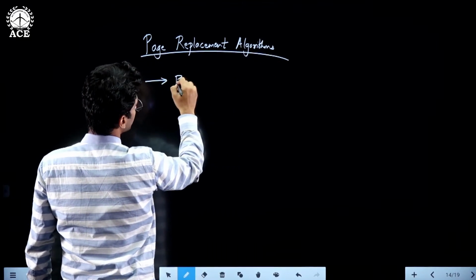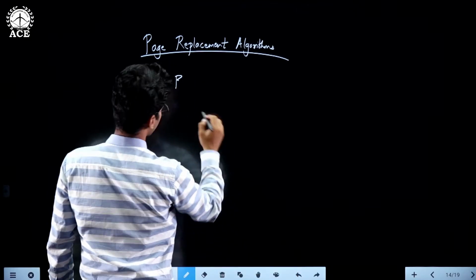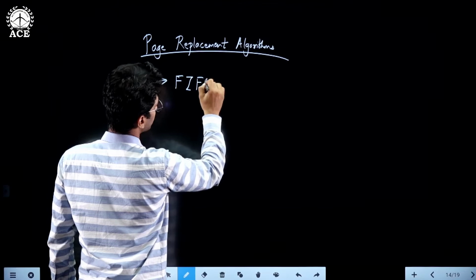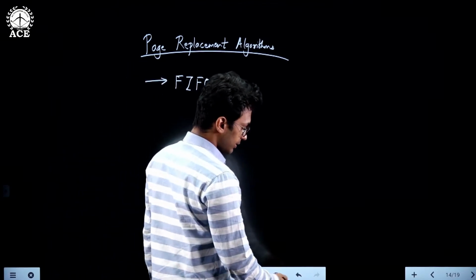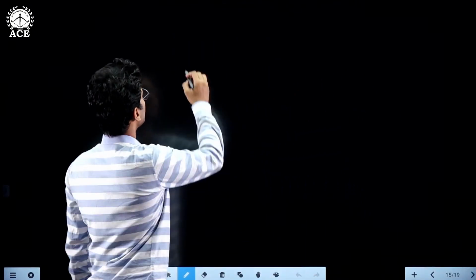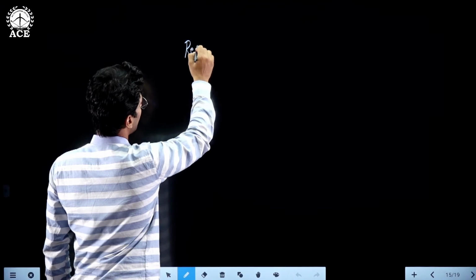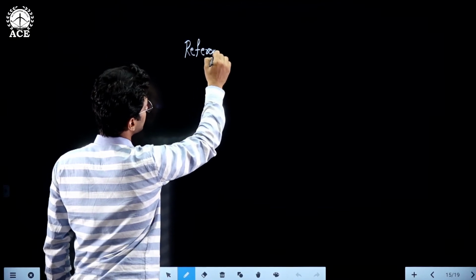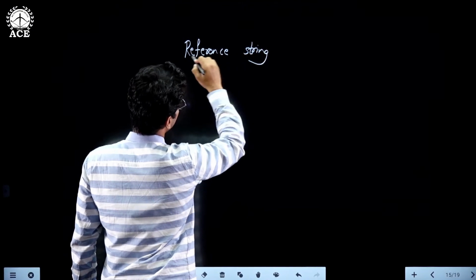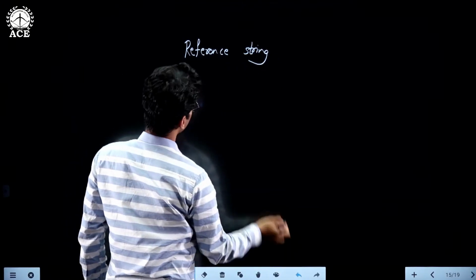We'll see FIFO, first in first out, first. I'll take some random reference string of page numbers.